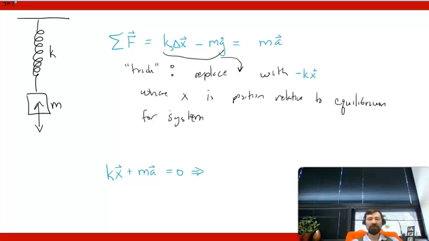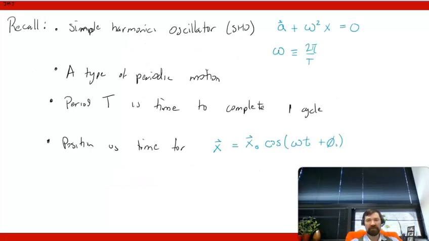Or alternatively, I could write this as ma is equal to negative kx, just leaving this alone. Well, we expect our equation to have the form a plus omega squared x is 0.